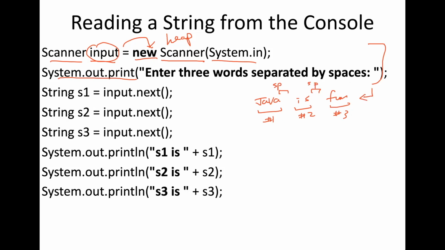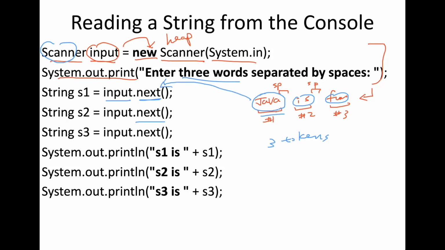Now, in computer science, we call each of these words a token. So you actually have 3 tokens separated by spaces. Using input.next, you can also look it up in the Scanner API. Since input is an instance of Scanner, there is a next method which reads the very first token of the 3 words the user just entered. You can do another next, which reads the second token.